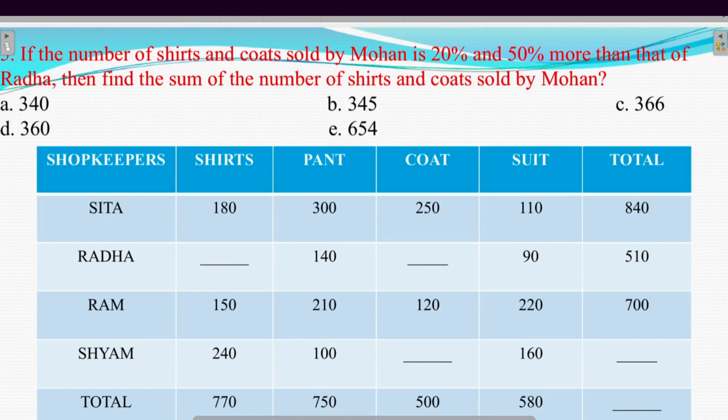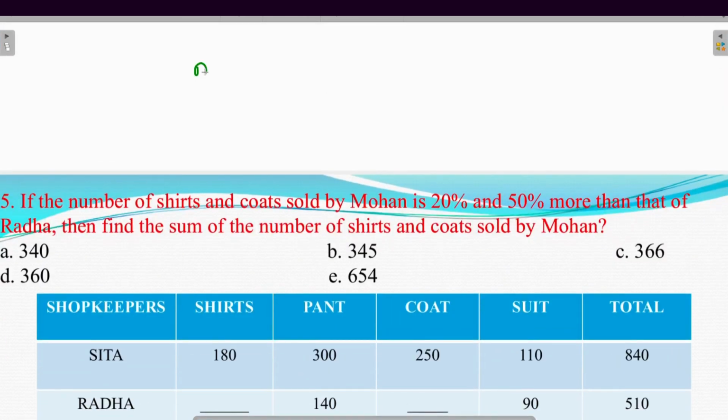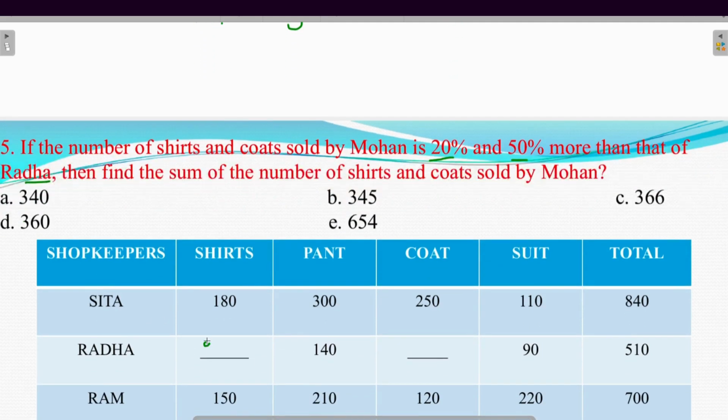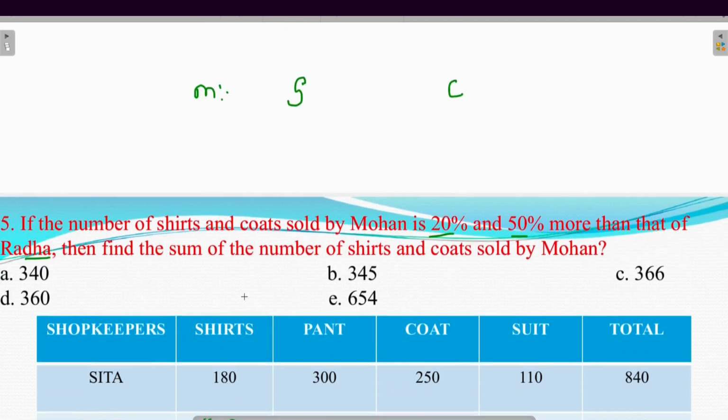Like that, if Mohan, a new person now, sold shirts 20% and coats 50% more than Radha. Radha's shirts, we know this value, we already found at the start, 200. 200, 20% more means shirts will be 240. 20% of 200 will be 40, 240.